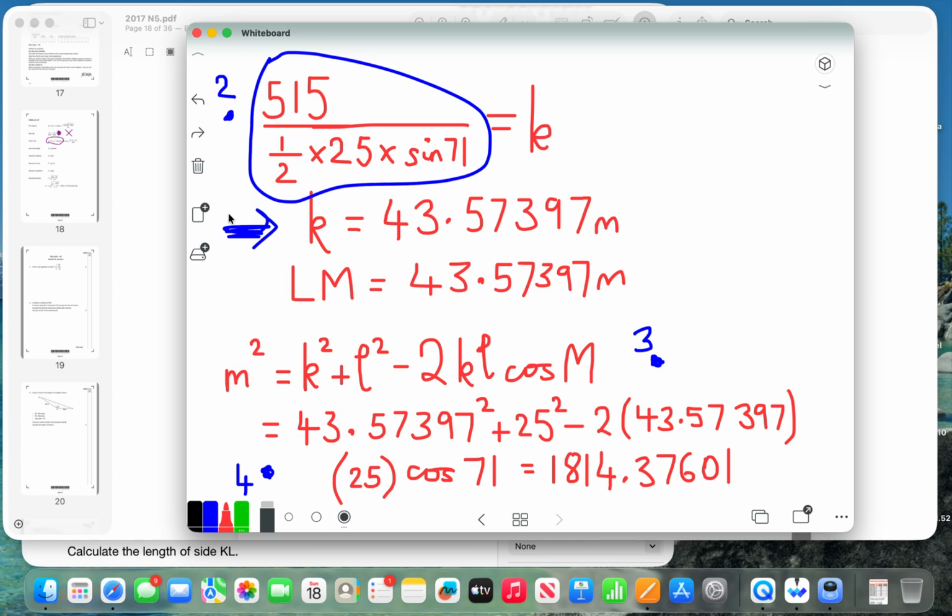And that's going to be, I'm just going to put it up here to save space, call it KL equals M, which equals 42.59549 meters.